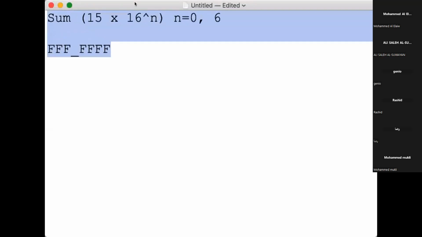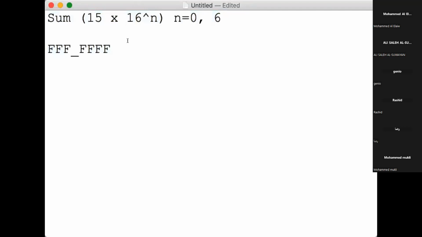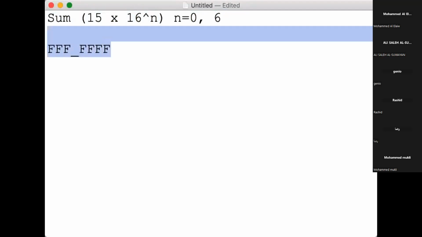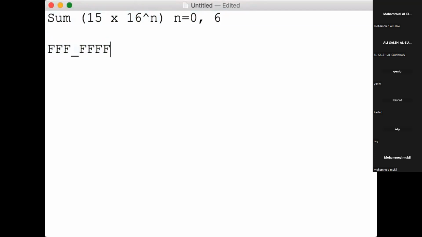It is clear. So if you have this number here in hexadecimal, what is the decimal value of this number using the properties? It equals 1 followed by 7 zeros in hexadecimal, minus 1, right?